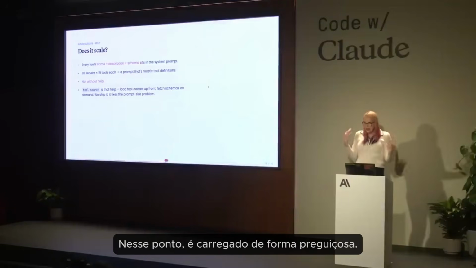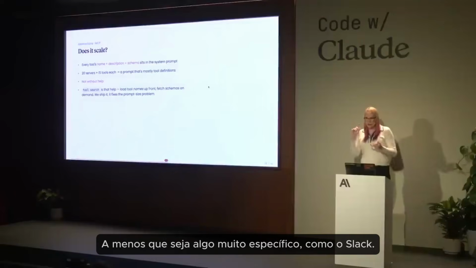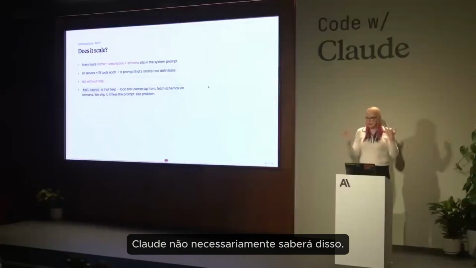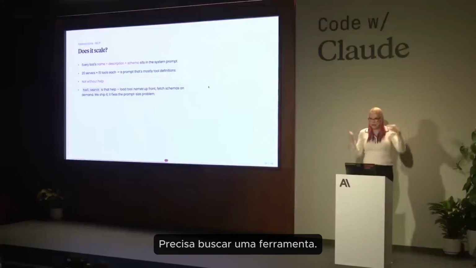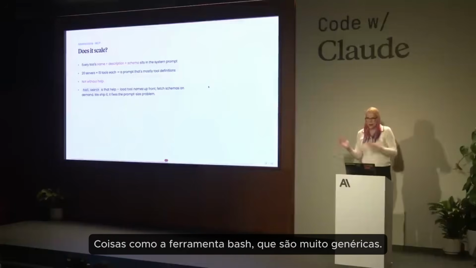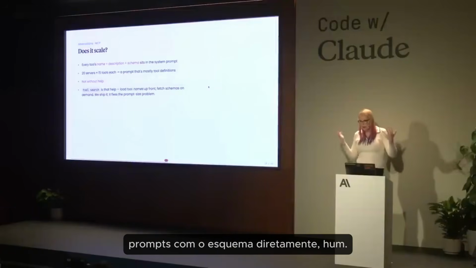So it's kind of lazy loaded. The problem is that unless it's something very specific, like Slack, and the user mentions Slack, Claude's not necessarily going to know that it needs to search for a tool. So things like the edit tool, things like the bash tool that are very generic, we usually end up having to put those in the system prompt with their schema directly.